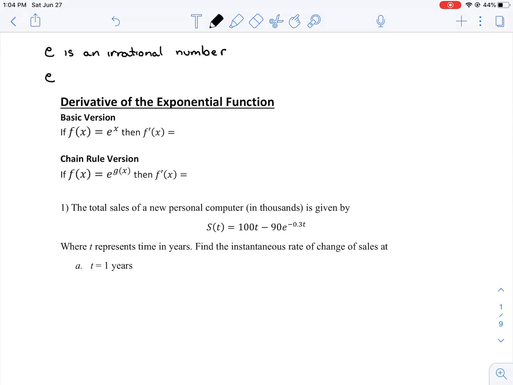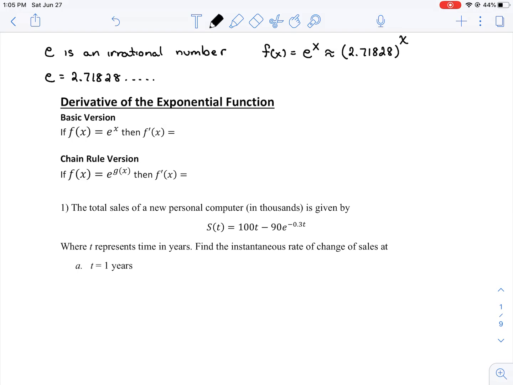And e is equal to 2.71828... So if we write f of x is equal to e to the x, that is approximately 2.71828 raised to the x power.